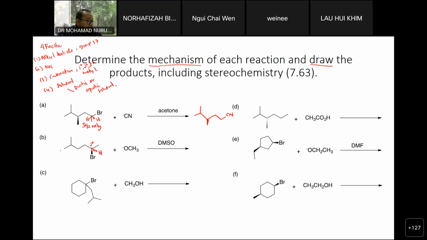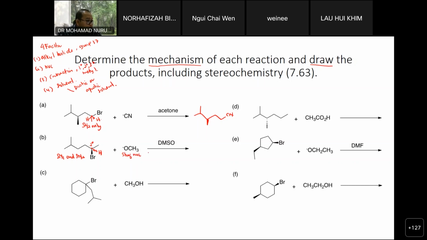Secondary alkyl halides can proceed by SN1 or SN2 reactions, so write down SN1 or SN2 reactions. The second consideration that you have to check is the nucleophile. This is a strong nucleophile.